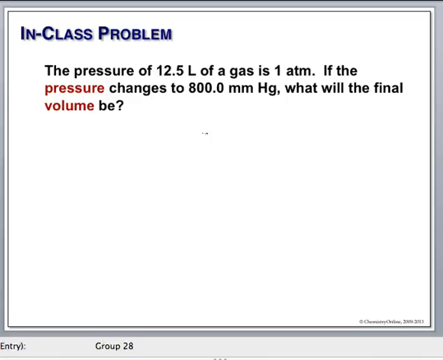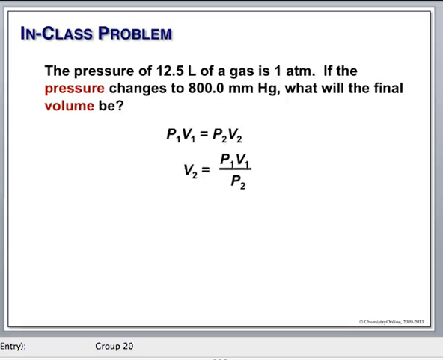Now, as we look at our problem here, we should note that we have pressure given in 2 different units, atmospheres and millimeters of mercury. One requirement is that everything must be in the same units.